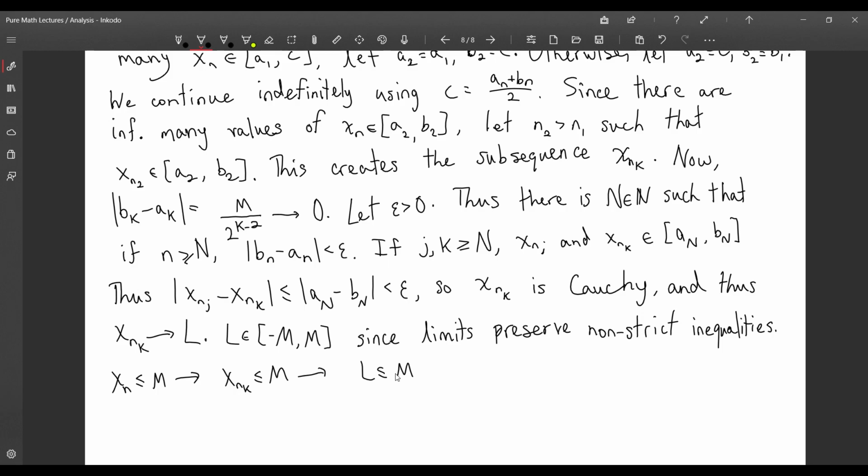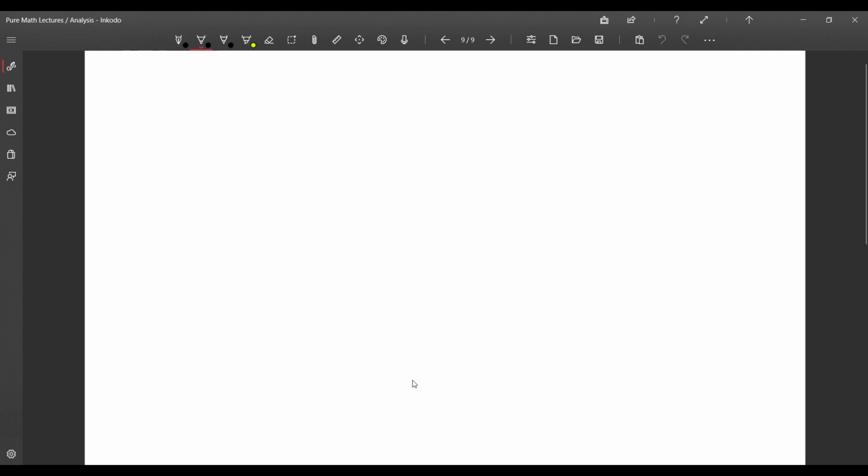Because this interval is just defined on an inequality. And again, if you are still unsure of this fact, you would prove it by contradiction. You would assume that the limit is bigger than m, and then get a contradiction from there. Okay, so that is the proof of the Bolzano-Weierstrass theorem.